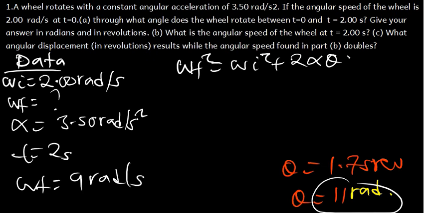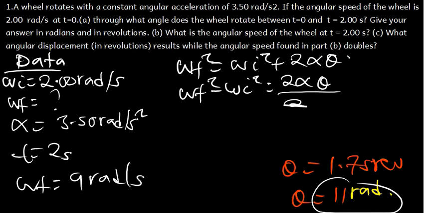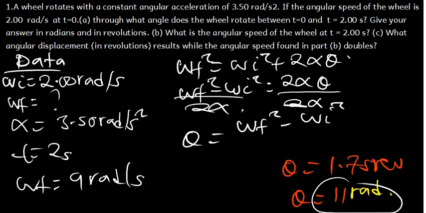So we shift this one to the other side. I'll divide both sides by 2 alpha. So this has to be doubled. That's what they're saying. So I'm going to say the theta is going to be this. Let's plug in the values.